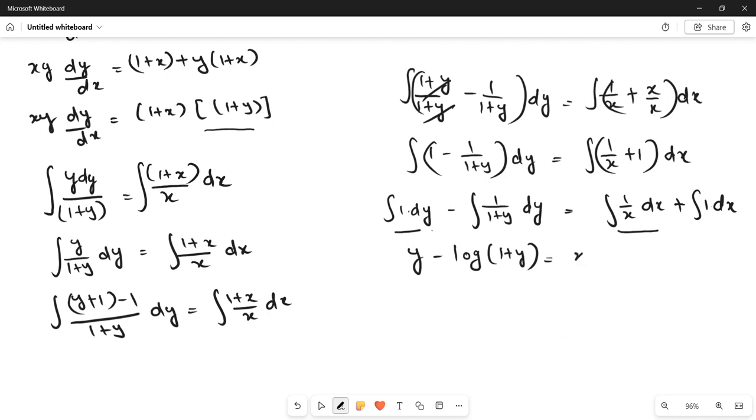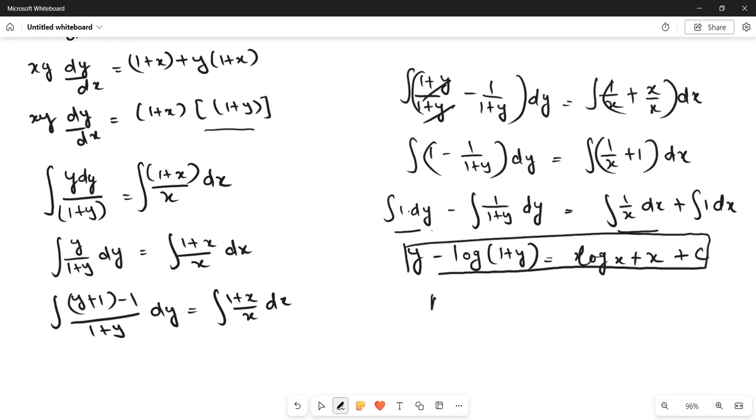Again, the integration of 1 over x is log x, and the integration of 1 is x, where c is taken as a constant. So this is the required solution of our differential equation.